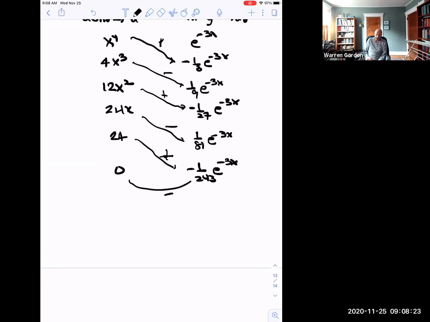So I get as my answer x fourth times minus 1/3 e to the minus 3x plus 4x cubed.